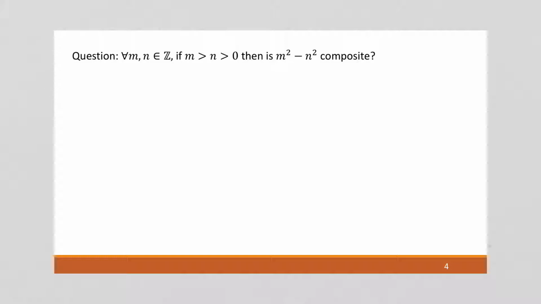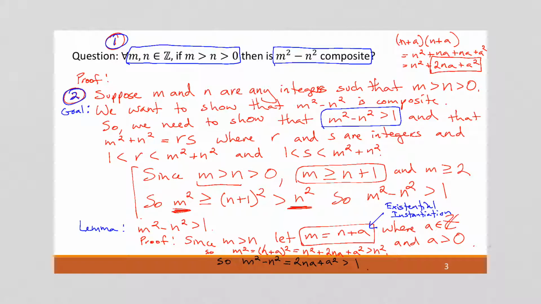So we've demonstrated, let me scribble this out here. So we've shown m squared minus n squared is greater than 1. And now what we need to show is this part.